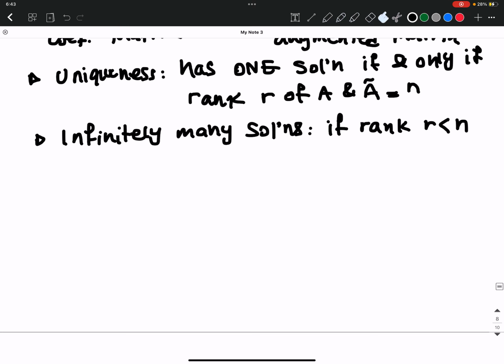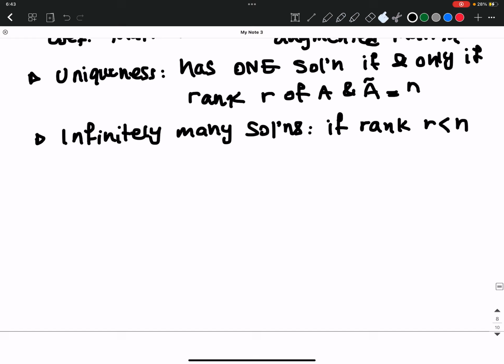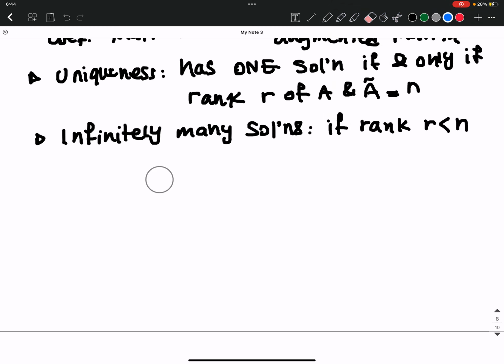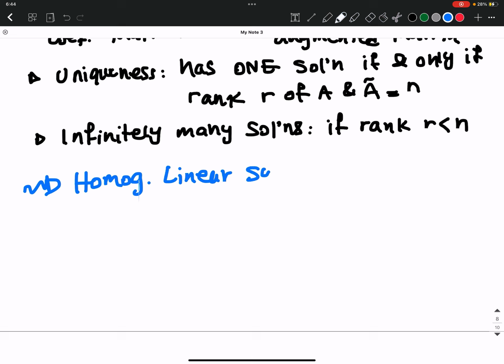Okay. Now, let's talk about a famous type of linear systems, and that is homogeneous linear systems. So let's see how we define this.